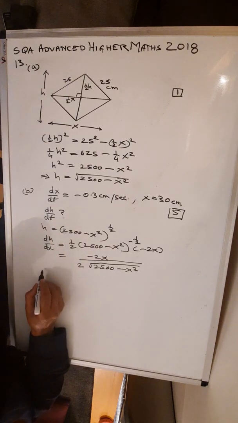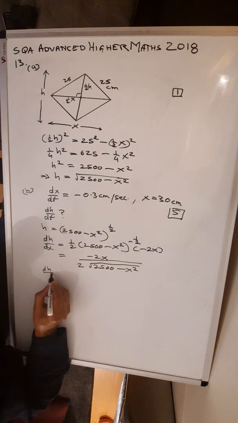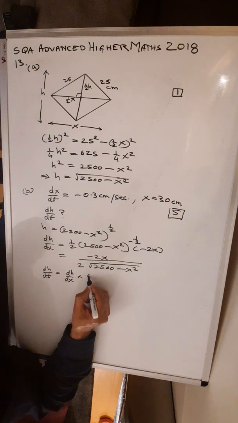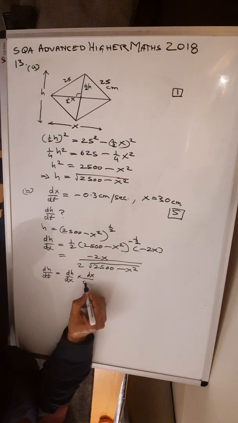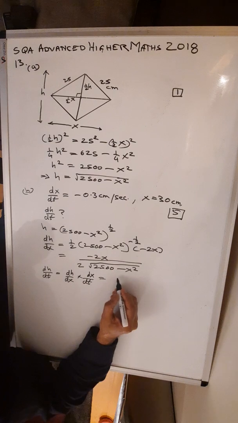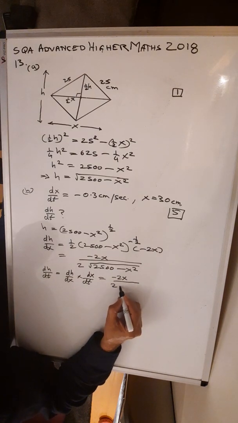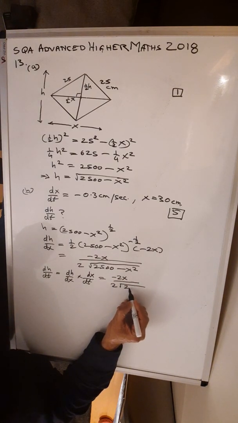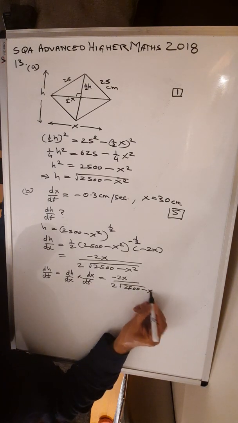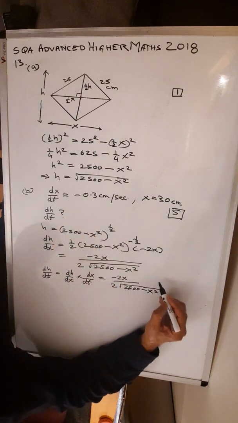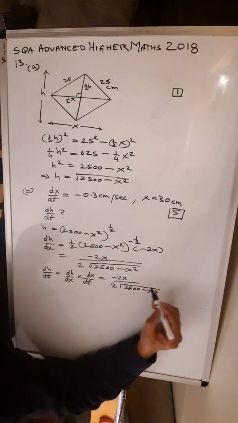You need dh by dt, so dh by dt is equal to dh by dx times dx by dt, which is equal to, so your dh by dx is minus 2x over 2 times the square root of 2500 minus x squared, and dx by dt is given as minus 0.3.